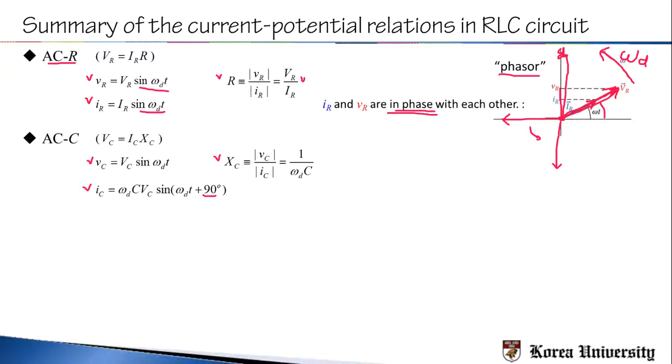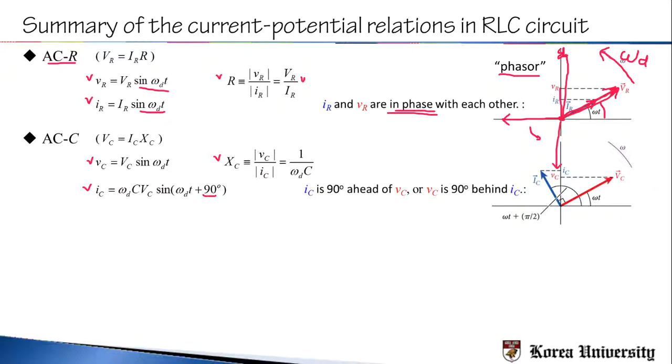How do we draw the phasor in this case? This is our potential and this is the current, as you can see. Here is the phasor arrow for the current, and the current is 90 degrees ahead because the direction of rotation is this direction, so they will always be in this relation.